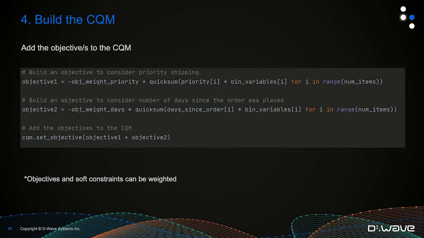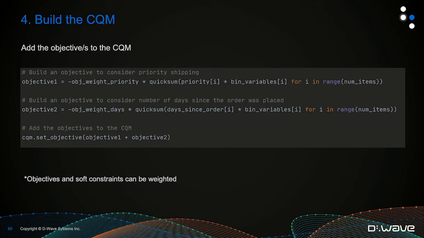For the second objective, again, I'm showing a weight that's optional depending on your application, and then multiplying the weight by the objective itself. So here we're summing up the number of days that have passed since an order was placed on a package times the binary variable for that package, and we're doing that for every package that we're considering.